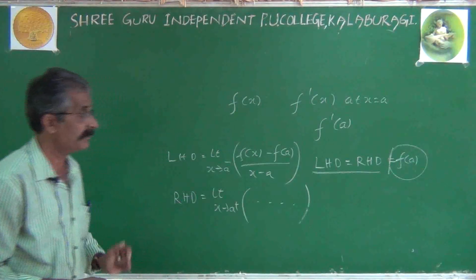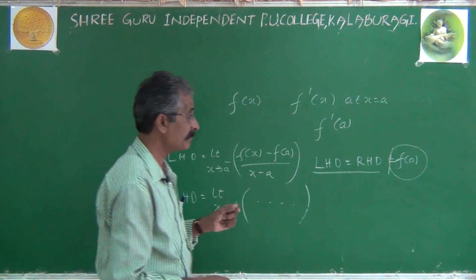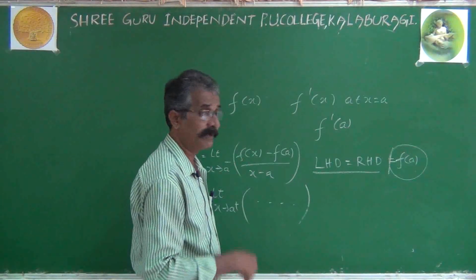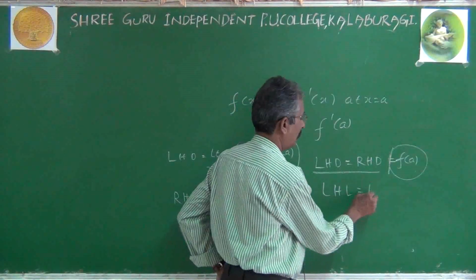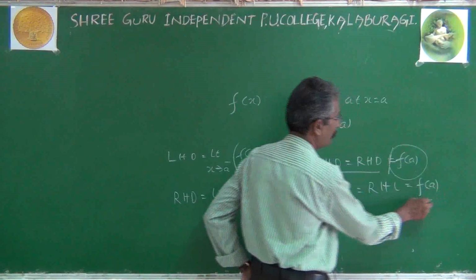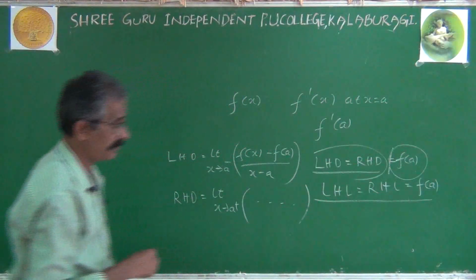Its value will be there, but to decide whether the function is differentiable or not, we will not consider the f of a value at all. Whereas for continuity, LHL must be equal to RHL must be equal to f of a. This is for continuity, whereas this is for differentiability.